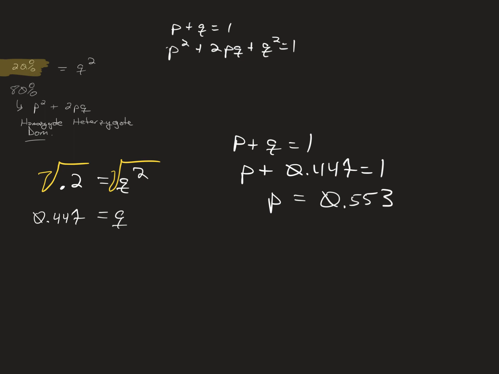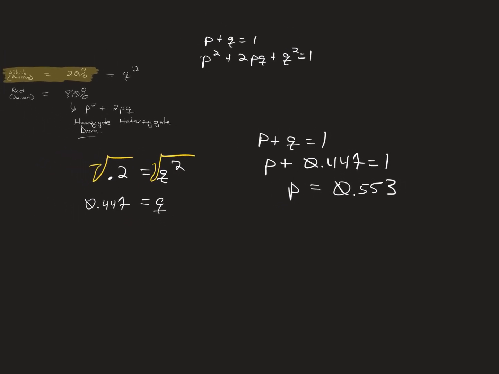0.553. So now what I like to do, you see how these numbers are all over the page? When you're on the test, it could be just that confusing. In college, on the AP exam, in physics, in biology, in chemistry, you got a page full of calculations.